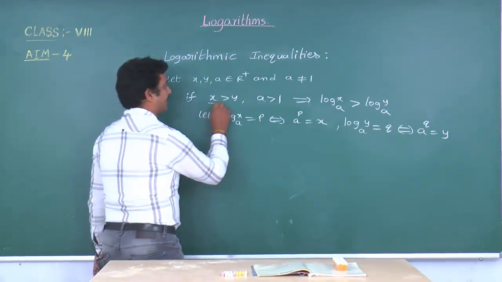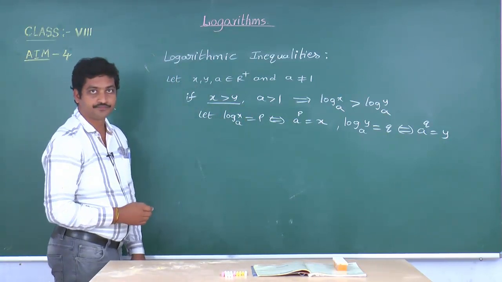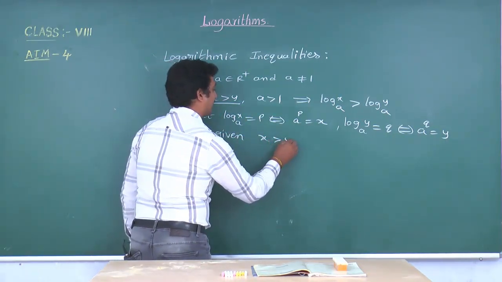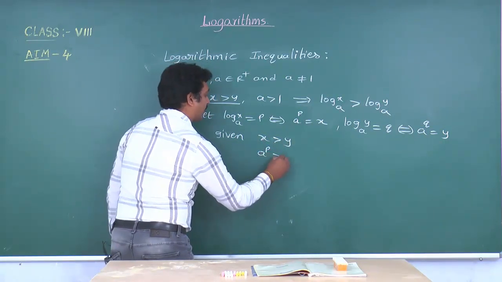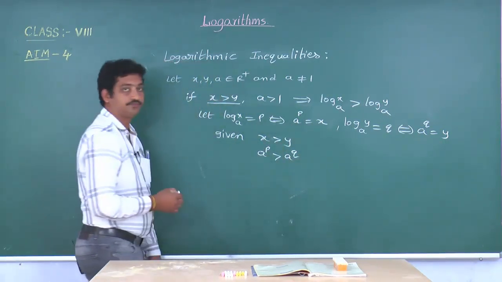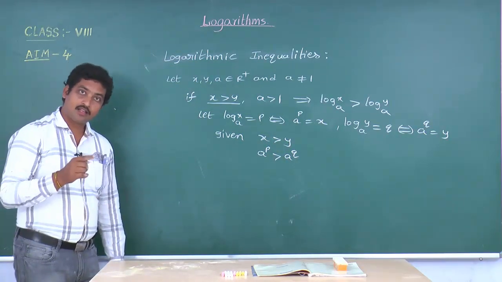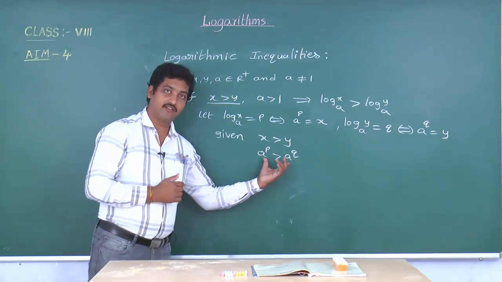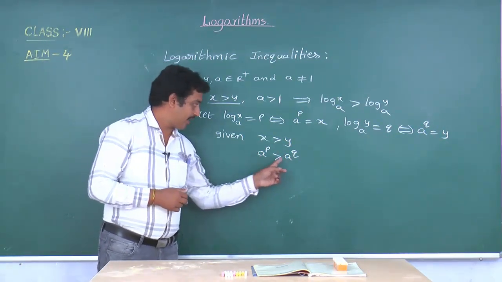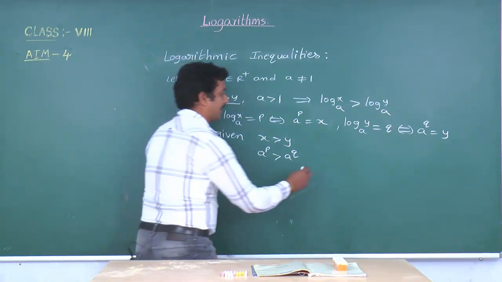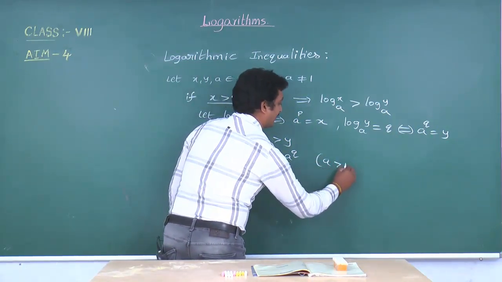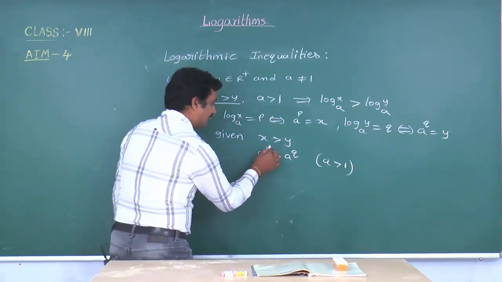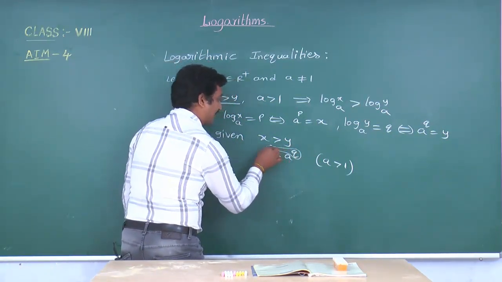Now take this one, x is greater than y, given. What is x? a power p is greater than a power q. In the laws of exponents, we have the exponential inequality: whenever the base a is greater than 1, the inequality between the powers doesn't change.